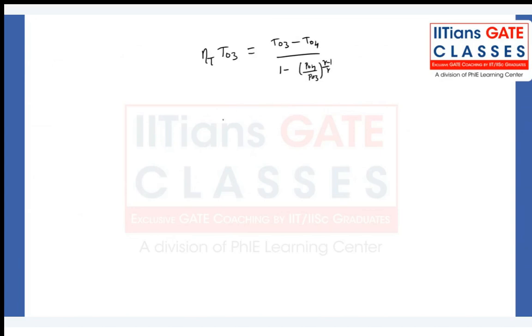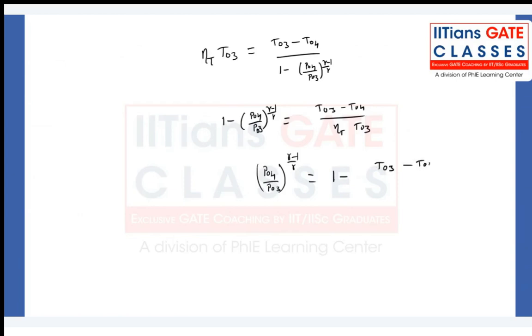Taking that to the other side, (P04 by P03) to the power of (gamma minus 1) by gamma equals 1 minus (T03 minus T04) divided by (eta T times T03).